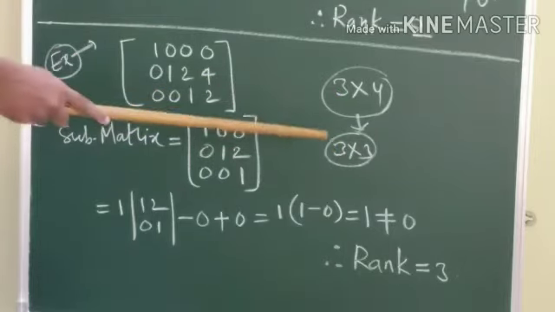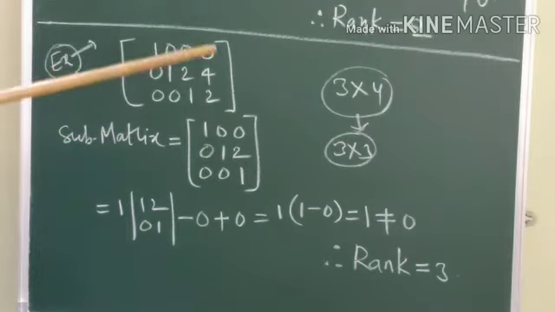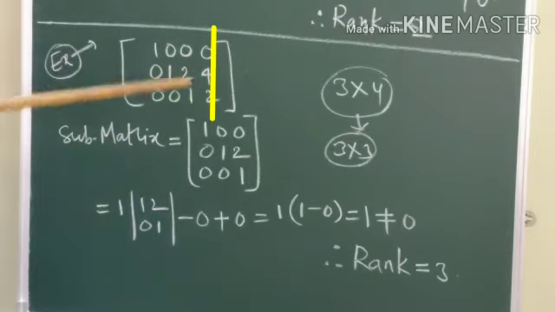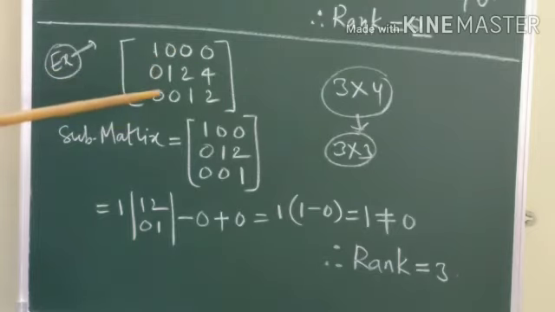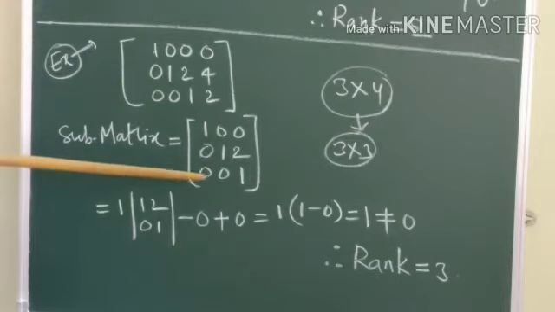How do you get a 3 by 3 submatrix? By deleting any column. Any column means you can delete the fourth column, or you can delete the first column or second column or third column. We will take the submatrix as 1 0 0, 0 1 2, 0 0 1 by deleting the fourth column, and this is the 3 by 3 submatrix.